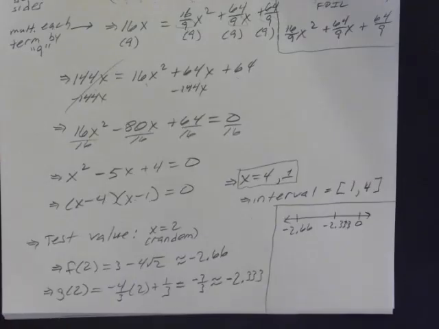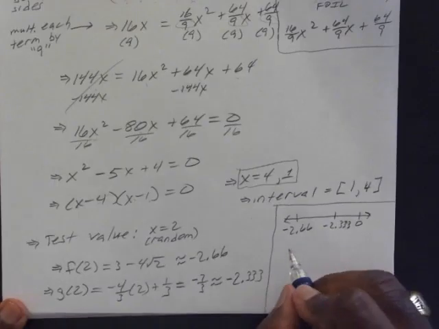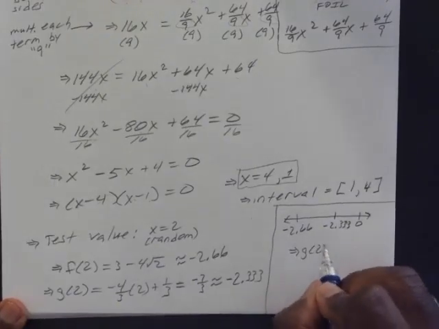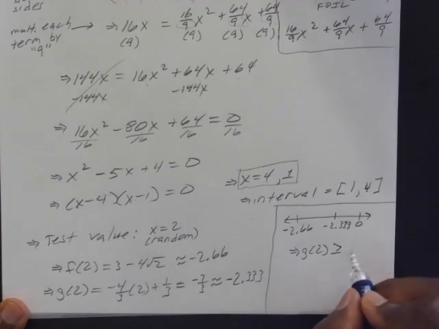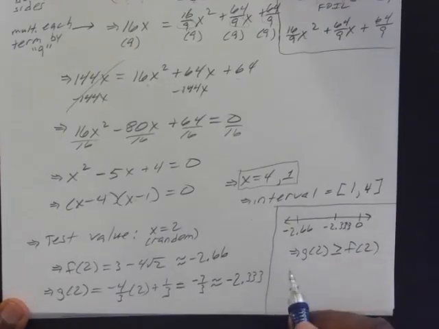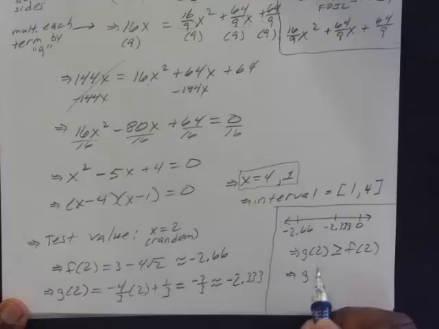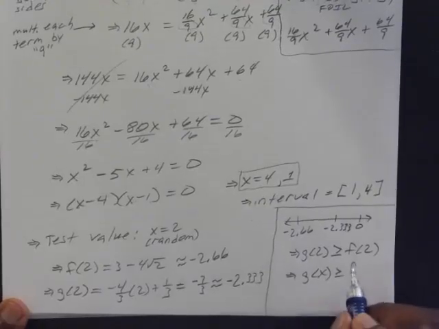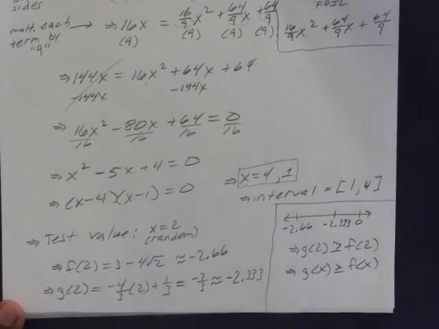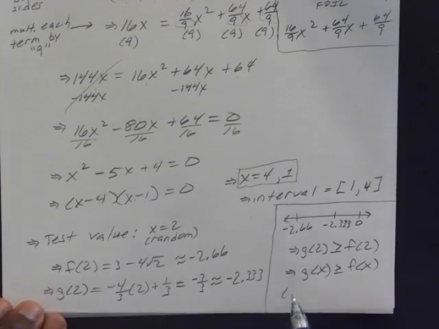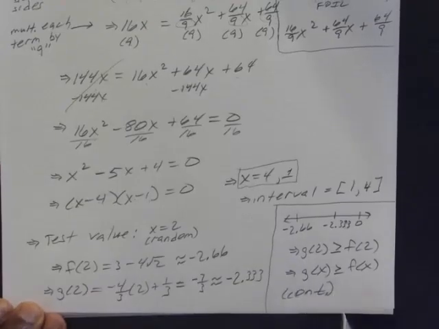So that means that g of 2 is greater than f of 2. Which means that for this interval, g of x is greater than or equal to f of x. Which means for this one, the g of x is the first term. Right, we'll finish it up on the next page.